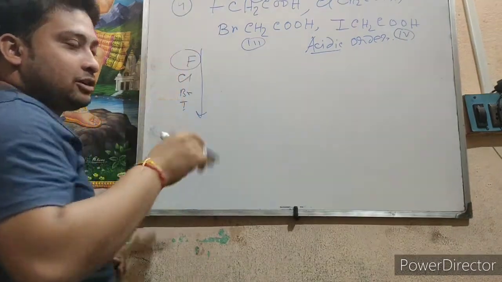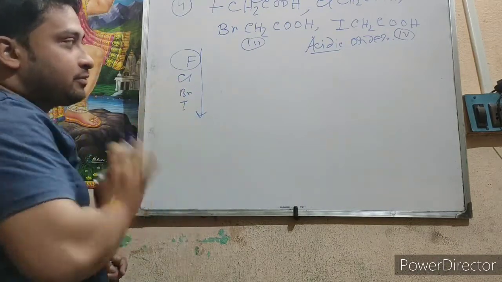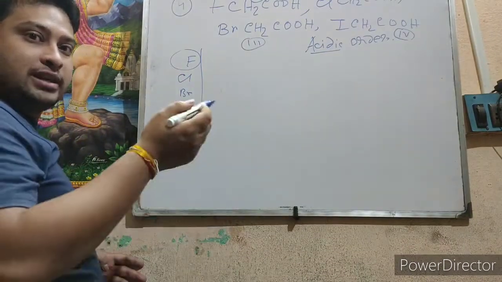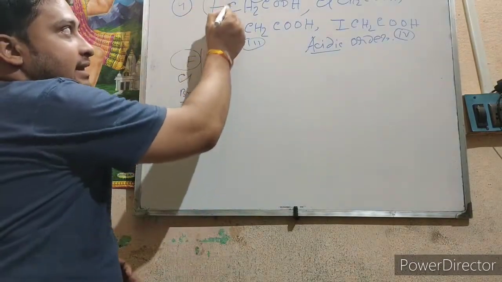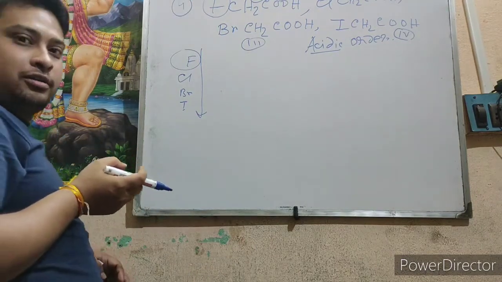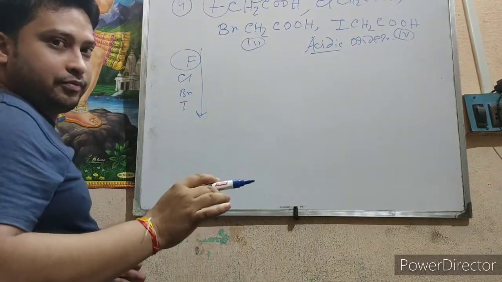So the electronegativity of fluorine is higher compared to others, so the tendency of fluorine to pull the electron is higher, and the electron density on oxygen or the electronegative element is higher.